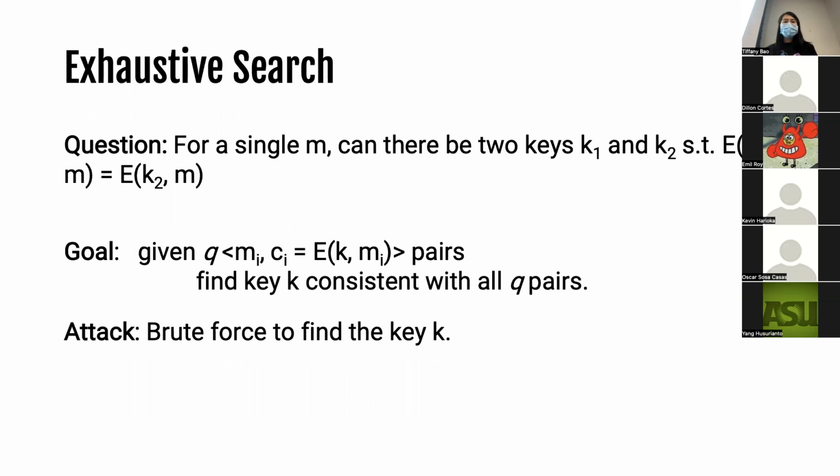The way it works is that we can use the so-called exhaustive search, just like brute force. So for a single plaintext, can there be two keys that make the two encryptions different? Or can there be a key that makes the two the same?